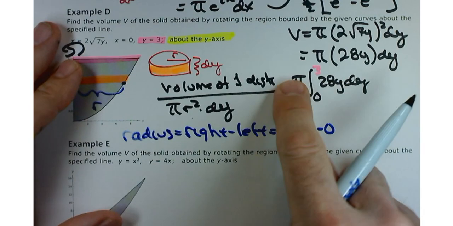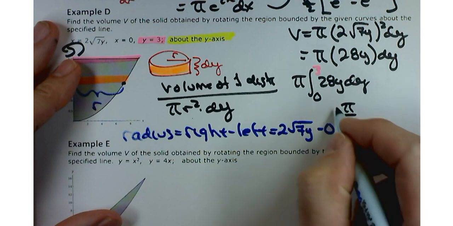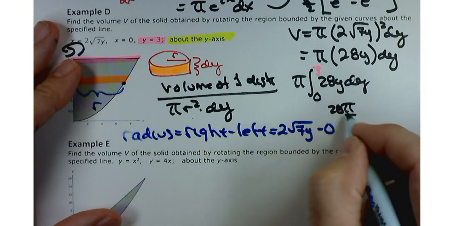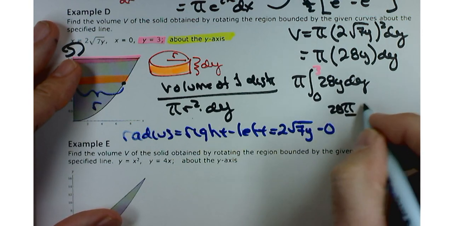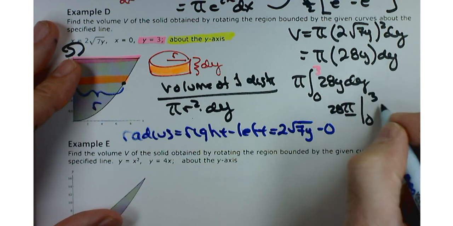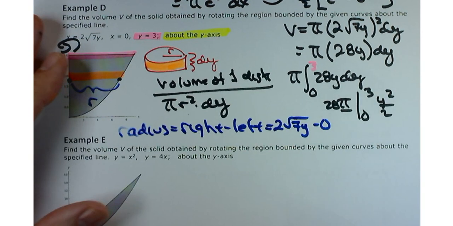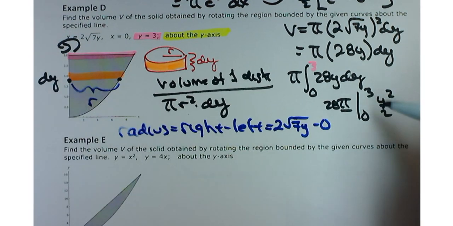If I take the 28 out front, that's going to be 28 pi times a function y squared over 2 between 0 and 3. If I plug in the 3, I'll end up with 9 over 2 minus a 0, which is going to give me a 0.